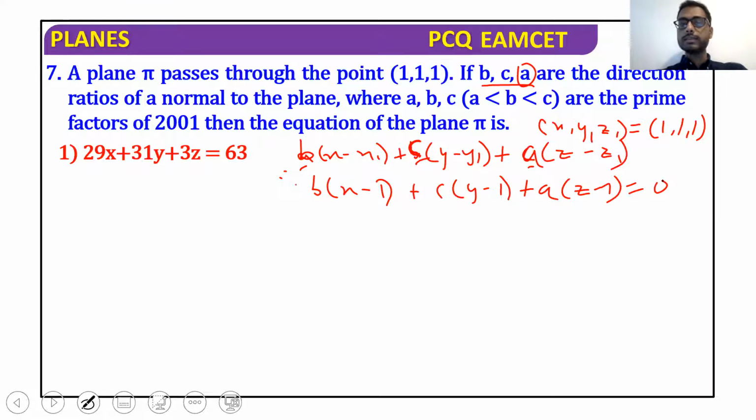The problem is I don't know the values of these terms A, B and C. However, we can find these values because it is given that A is less than B is less than C and they are prime factors of 2001. So we have to find prime factors of 2001.